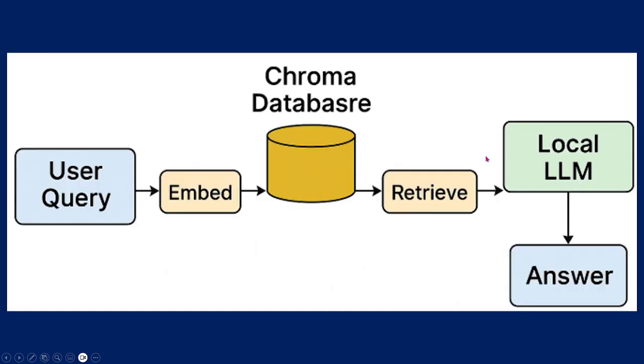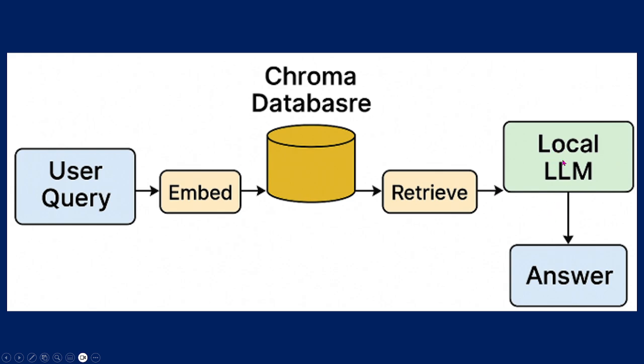Again, the overall scheme and layout: we have another input, the user query. We again embed it and use the Chroma database to retrieve it, make it more readable, and find the relevant information, and the magic happens all over here.